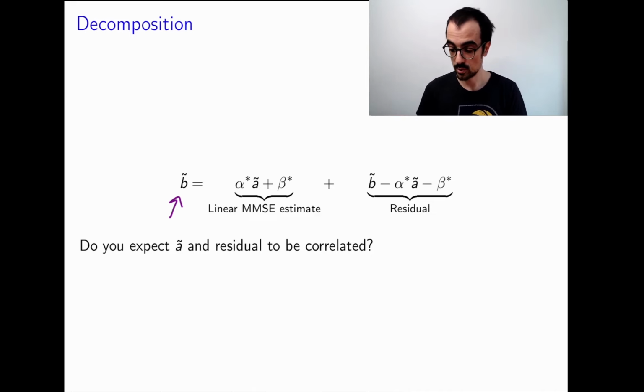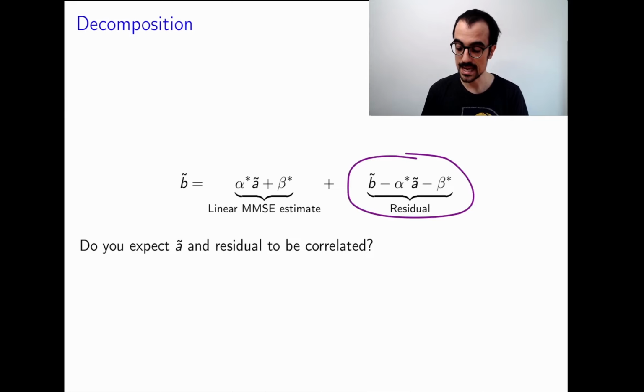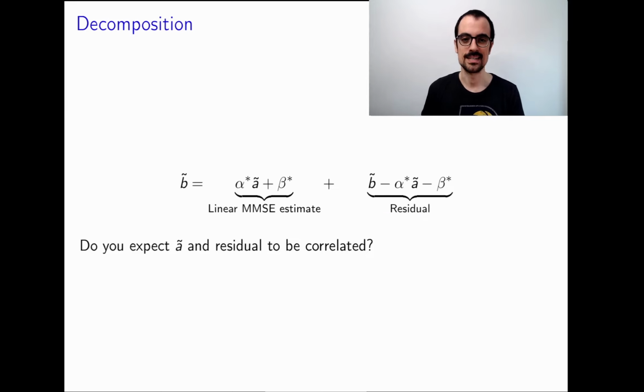So in order to understand why they should be uncorrelated, first let's think about whether the residual and A can be correlated. Think about it for a moment. If the residual and A were correlated, then essentially that would mean that there's some linear dependence between the residual and A, which you could exploit to estimate A from the residual.